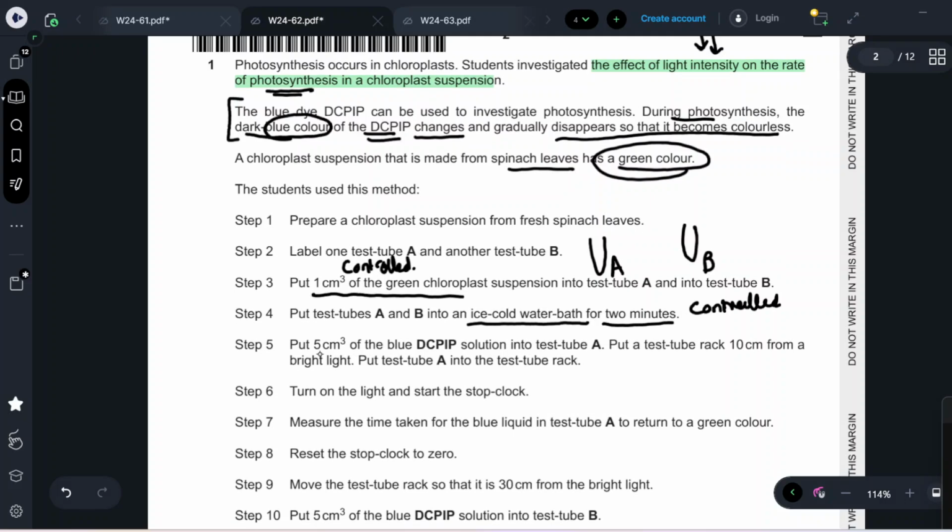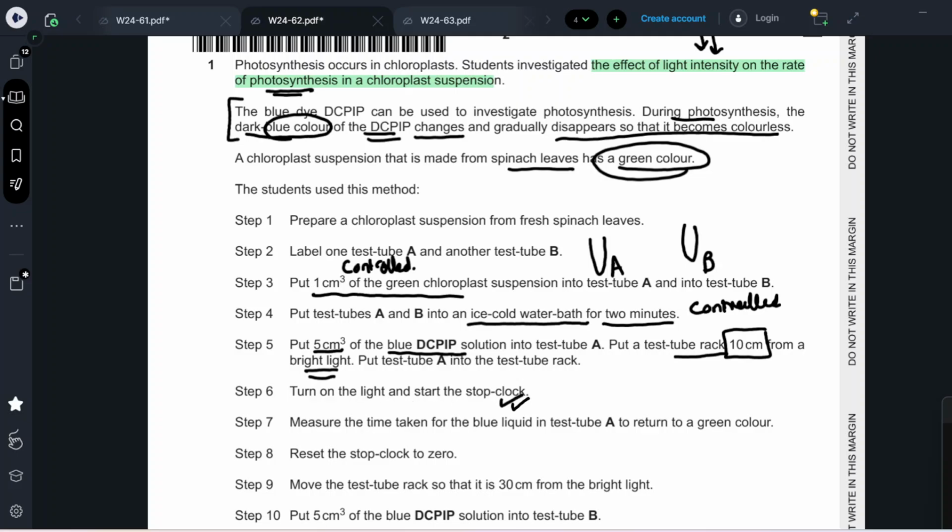And then 5 cubic centimeter of DCPIP into test tube A. Put it in the rack 10 centimeter from bright light. Turn on the light, start the stop clock. What am I going to measure?